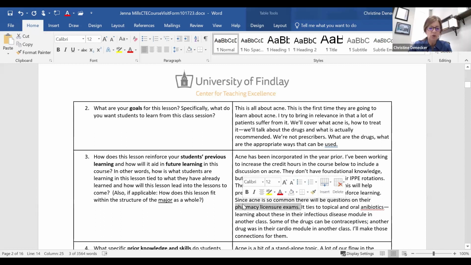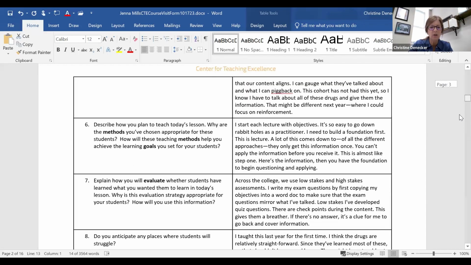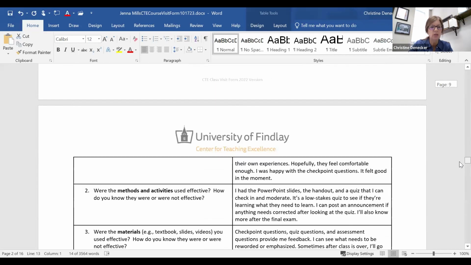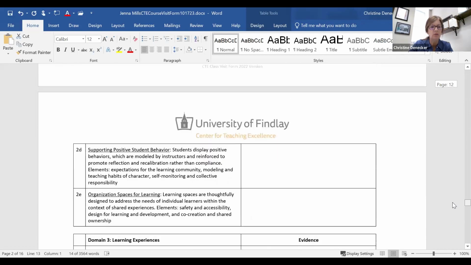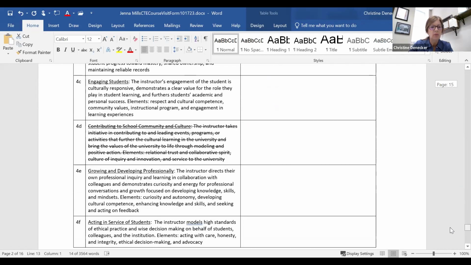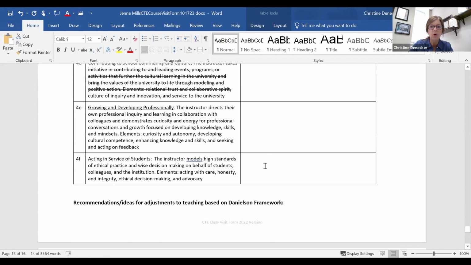So I'm going to just grab this for a second and put that in 4F. Since I'm spotting that, because that's where I see her acting in service to her students, like thinking ahead to what they need to know as part of the standard of ethical care.